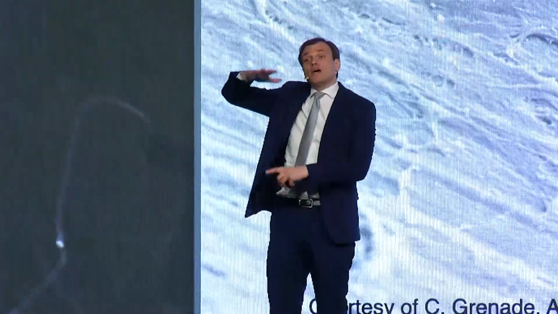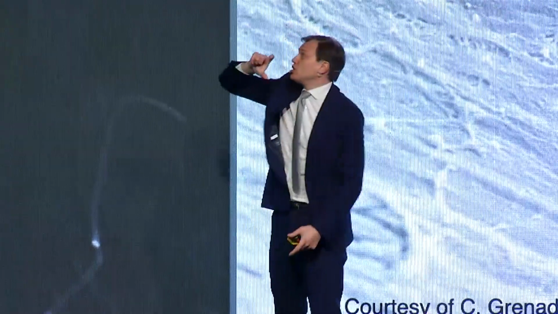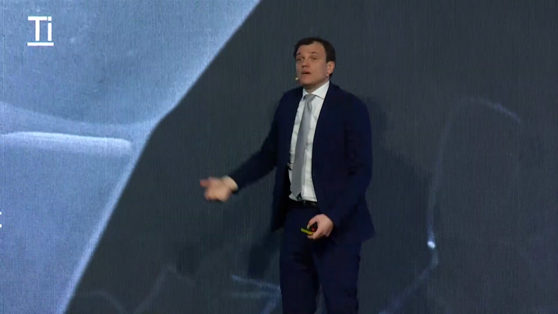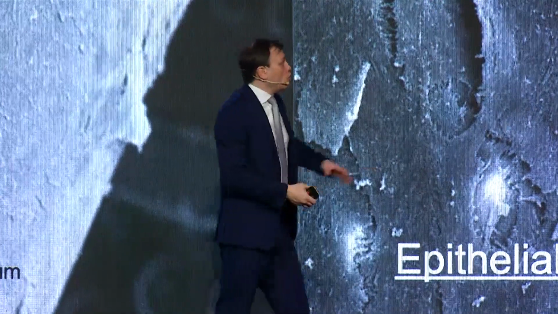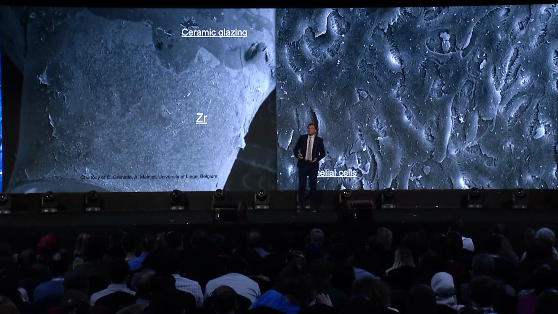So there were fibroblasts on titanium, like a ring on the finger. They just circled all around titanium base. But when they looked further on zirconia, there was not a single fibroblast. Why?